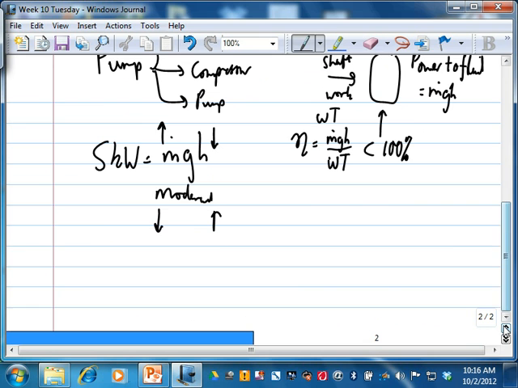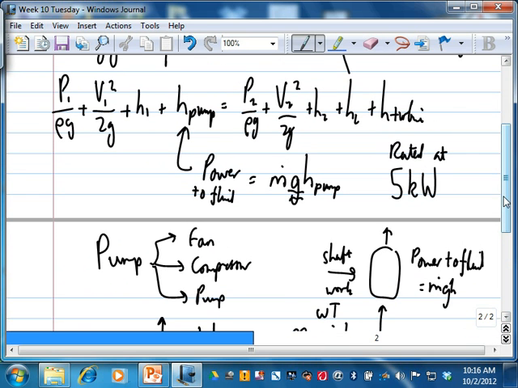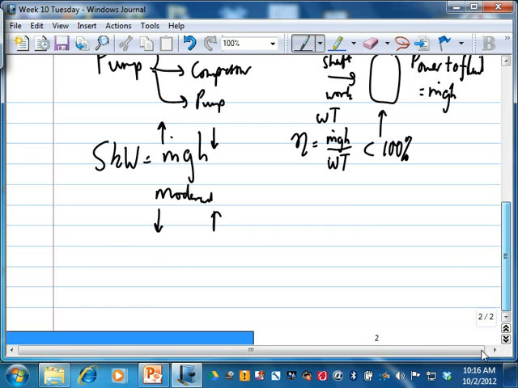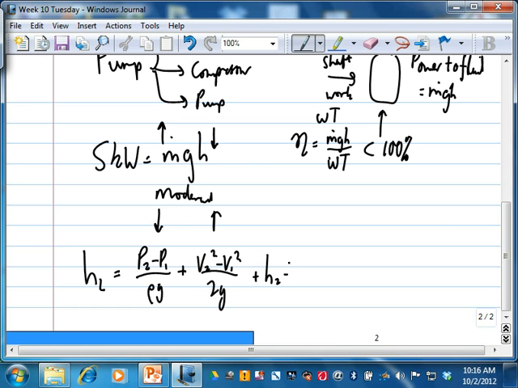Based on this equation, if I leave the pump here and I move everything to the other side, this is how it will look. Head pump is equal to P2 minus P1 over rho g, final minus initial, plus V2 squared minus V1 squared over 2g, plus H2 minus H1, plus head loss, plus head turbine.